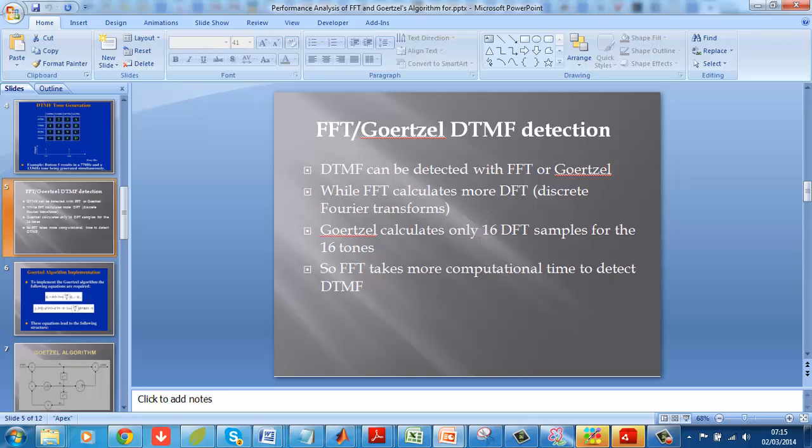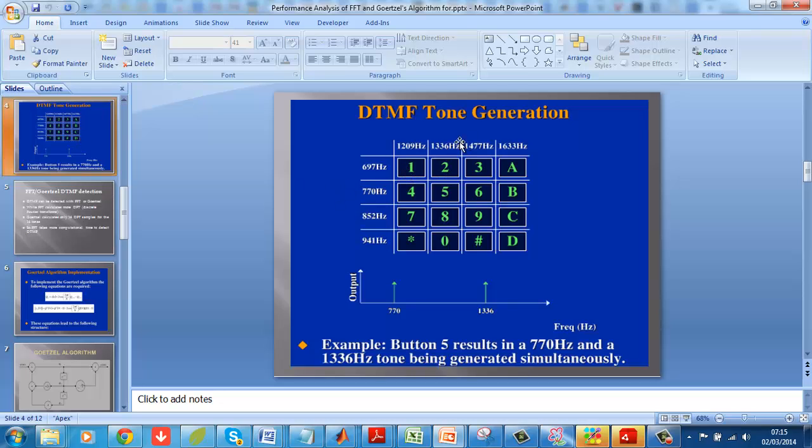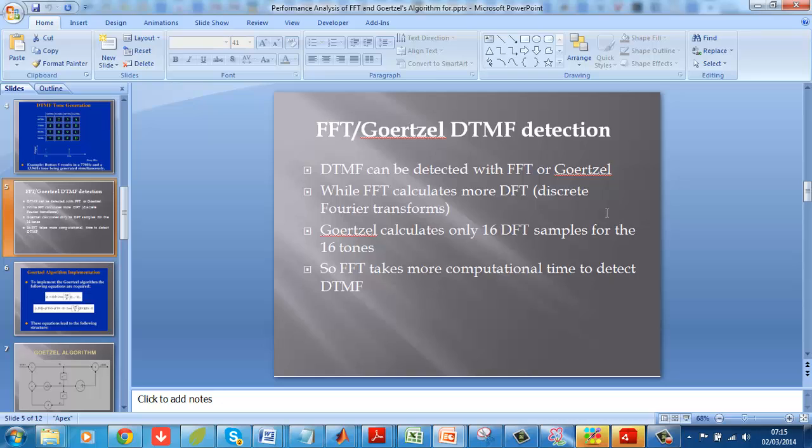But Goertzel will calculate only 16 DFTs because Goertzel is interested in only the 16 numbers, whereas with FFT we calculate the DFT for the full spectrum. So because of that, FFT will take a lot of time. It takes more computational time to detect DTMF. So basically, the best to use is Goertzel because Goertzel is faster.